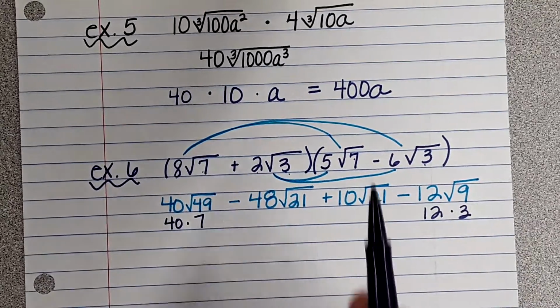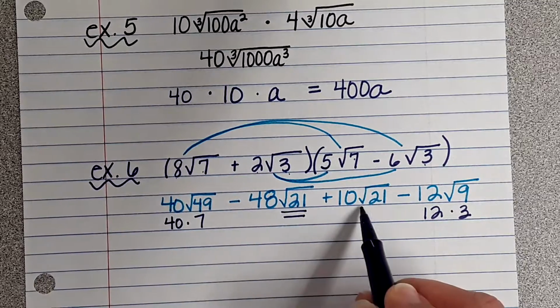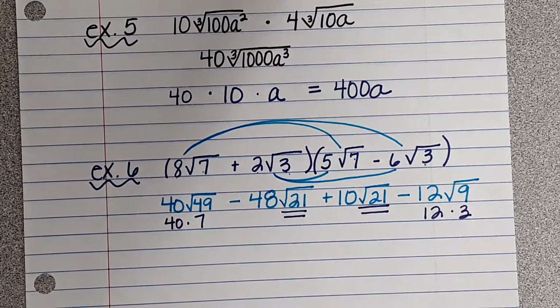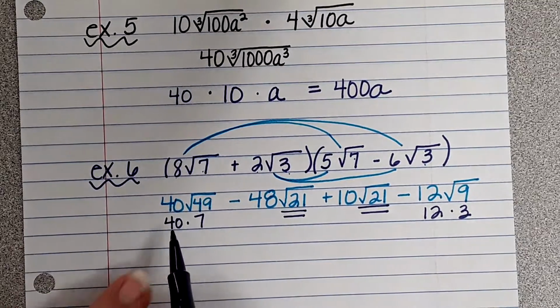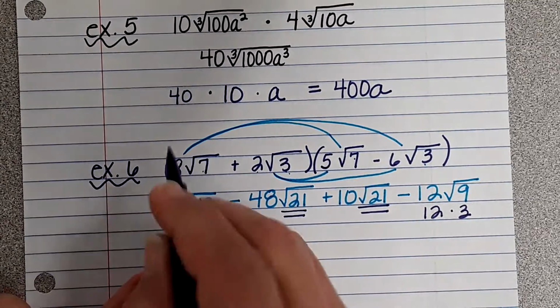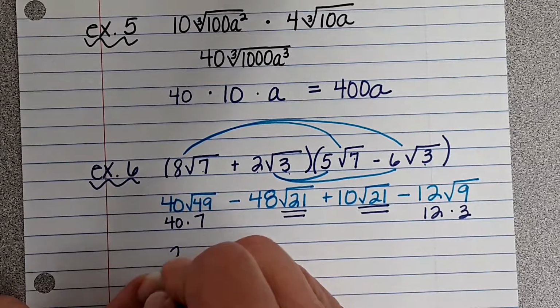The middle, I notice that the radicand, that's the number underneath the radical sign, is the same. Just like terms, you guys, just like we can add 4x and 8x, you can only add radicals if the radicand, the number underneath the radical sign, is the same. So 40 times 7 is 280.